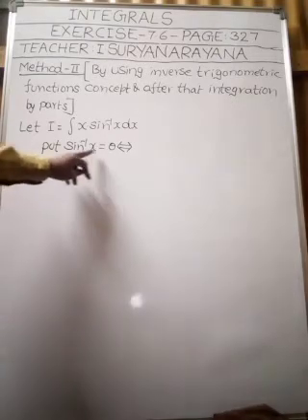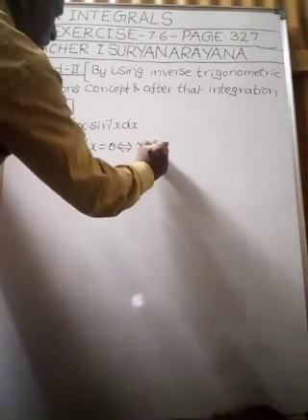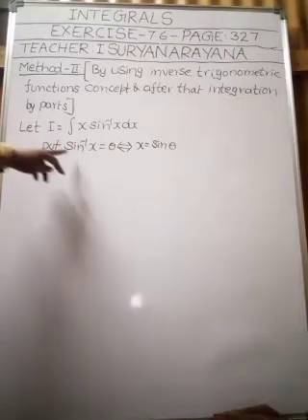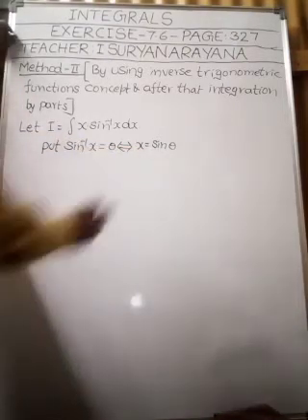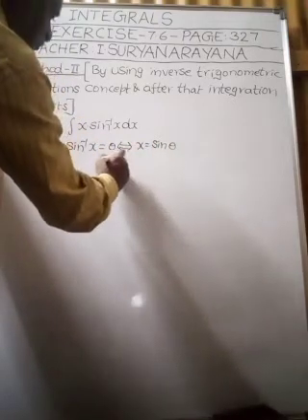You have already studied the inverse trigonometric functions chapter. So if sin inverse x is equal to theta, then what will we get? x is equal to sin theta. Then differentiating with respect to theta, what will you get?